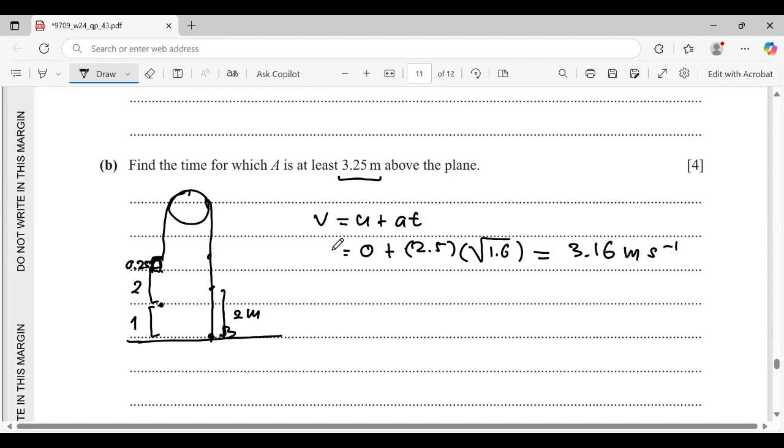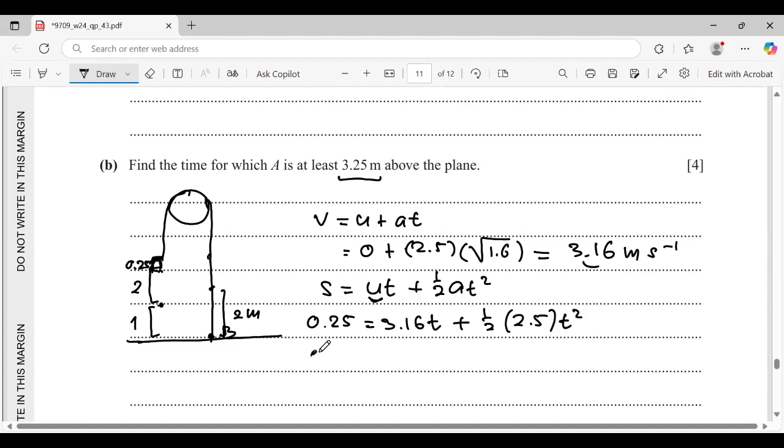This is the velocity of particle A. After that, I would like to use the formula distance equals ut plus 1/2 at squared. This is 0.25 distance, and the initial velocity is 3.16 t.